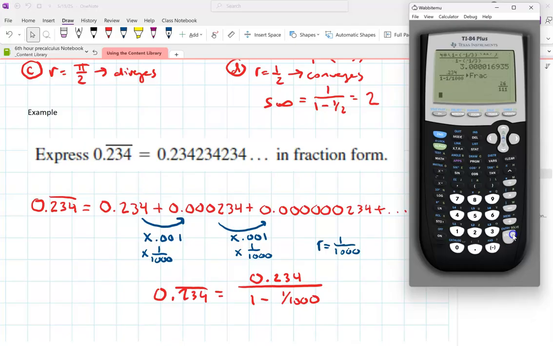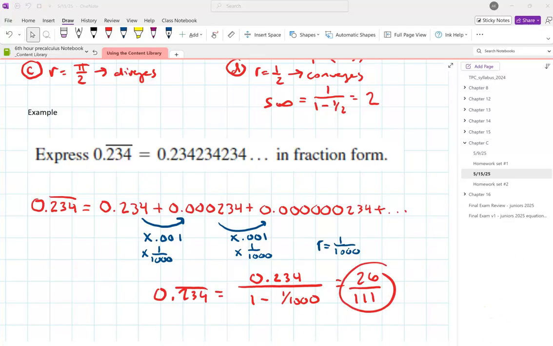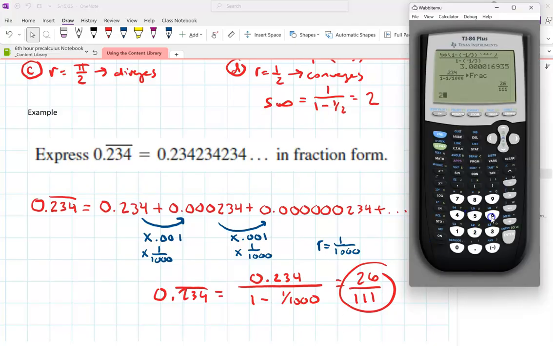And that is 26 over 111. And if I wasn't sure, you can always check it just by typing it in and make sure you're getting 0.234 repeating, which is what we're getting. Feel pretty darn good about that.